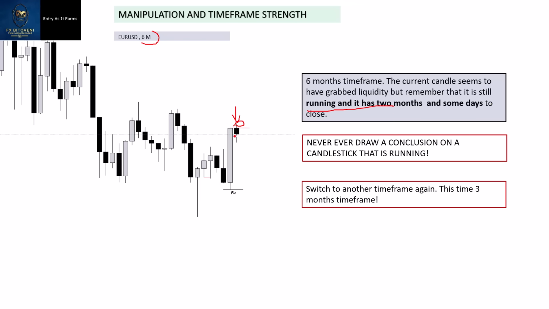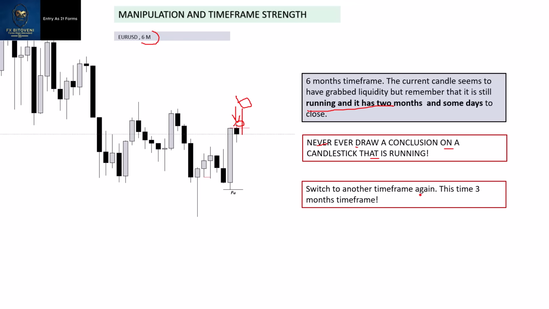You may see it today, and tomorrow you see it going up, because it's still running. It has permission to go anywhere. So never ever draw a conclusion on a candlestick that is still running. Anything can happen. You get it?